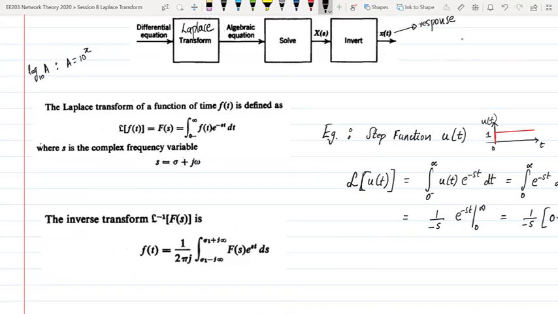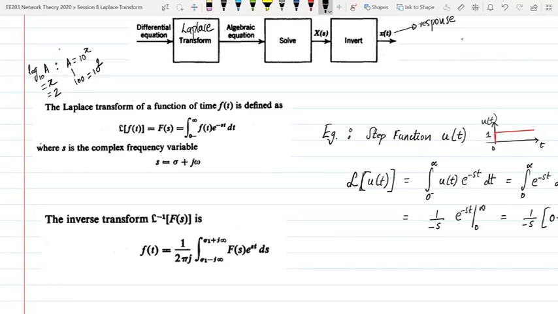So when I take log a to the base 10, that's equal to x. That means I'm finding out a is equal to 10 to the power what. So x is that answer. For example, if a is 100, then 100 can be written as 10 squared. So log 100 is equal to x is equal to 2, right? So that's how the logarithm works. So I'm doing some transformation.